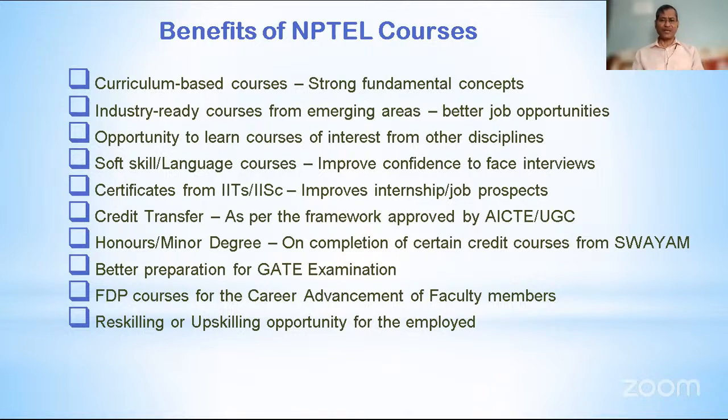So the curriculum based courses can give you strong fundamental concepts, and you know the industry is changing very rapidly. Earlier it used to take 100 years to move from one industrial revolution to the second, even the third industrial revolution, that is, moving from steam engine to electricity to computerization.